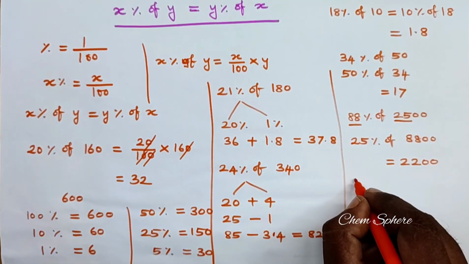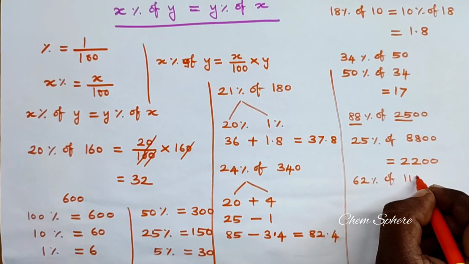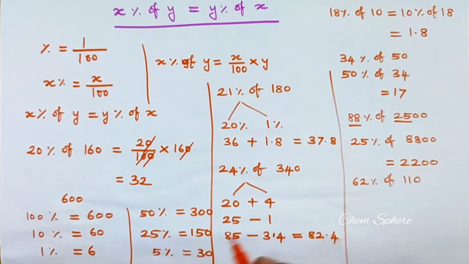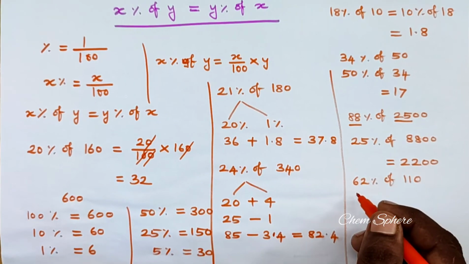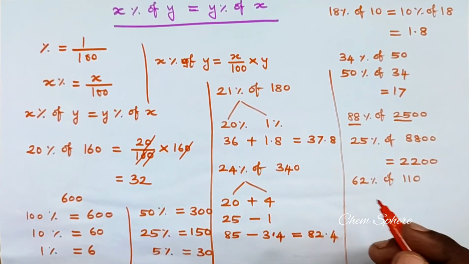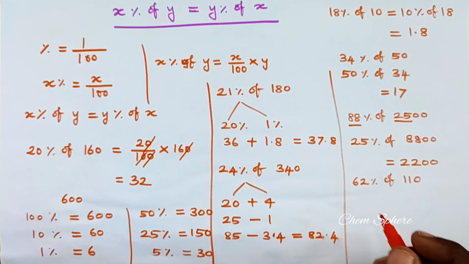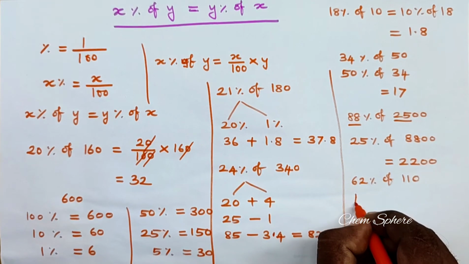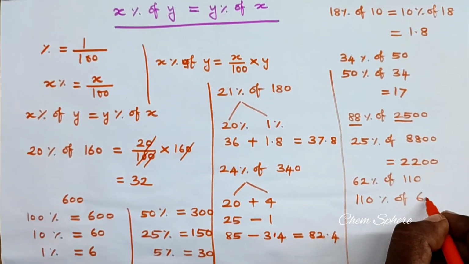Another example we will see, 62 percentage of 110. If you look at 62, we need to split it into 60 plus 2 or 50 plus 12. That is a little bit complex. Let's see whether after interchanging we can do it easily or not. We will interchange it. 110 percentage of 62.